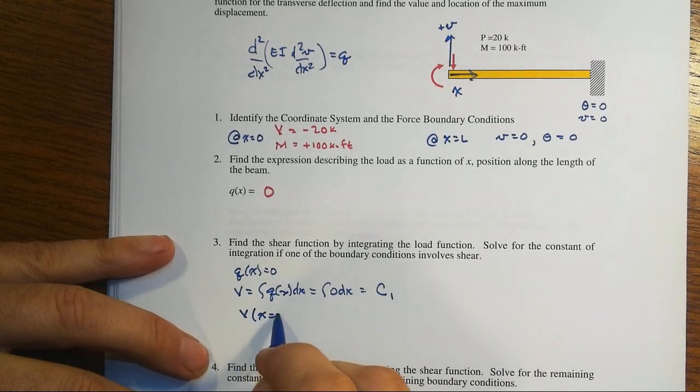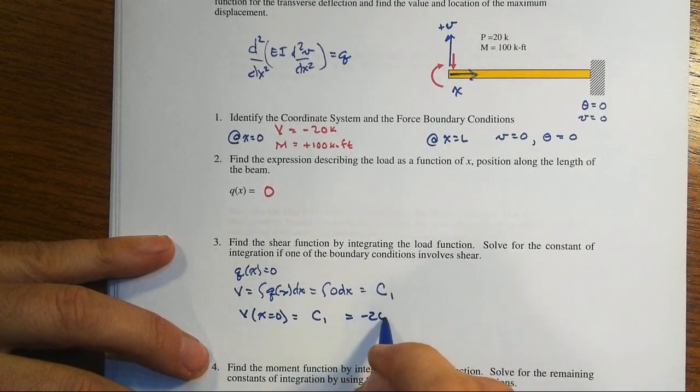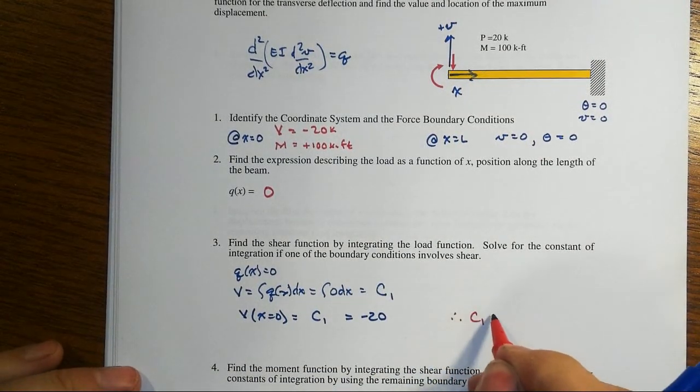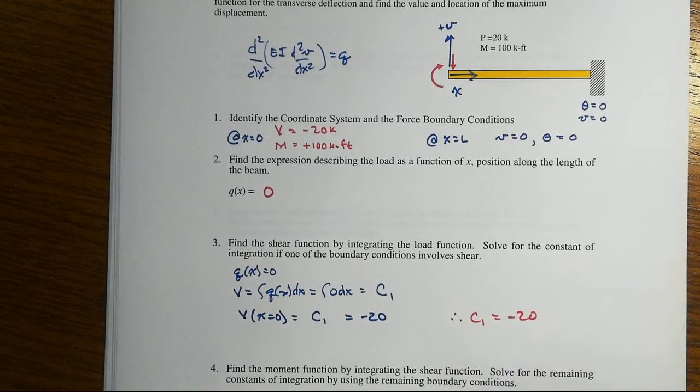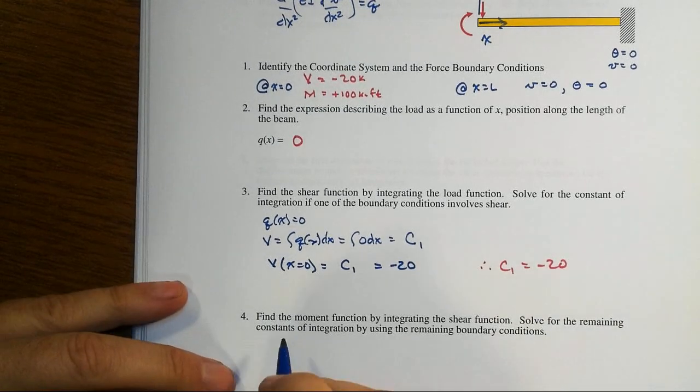V at x equal to 0 is equal to C1, and that's supposed to be equal to minus 20. Therefore, we just found our first boundary condition. That seemed a little bit too easy, didn't it? But sometimes it does work out that way. Now we have the shear function, which is a very easy one.